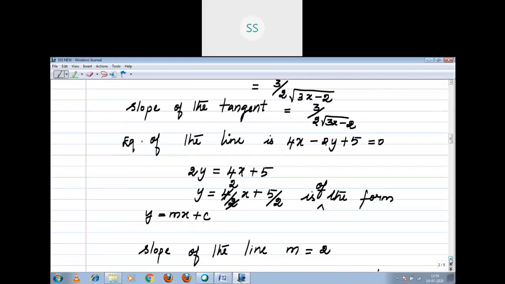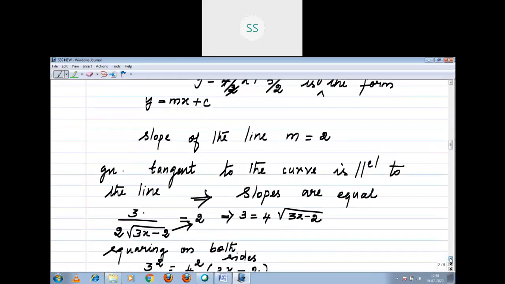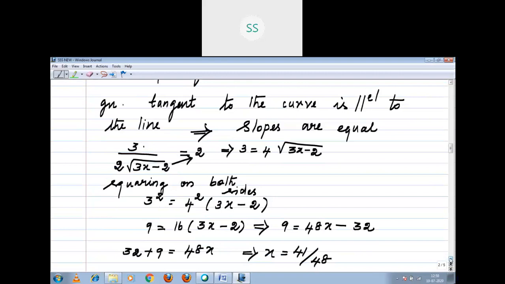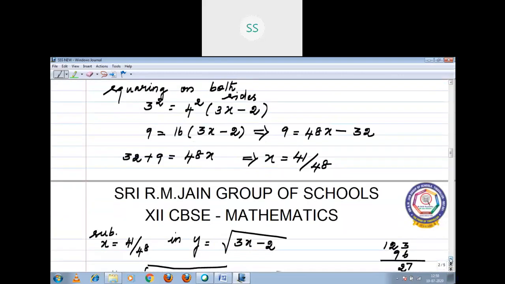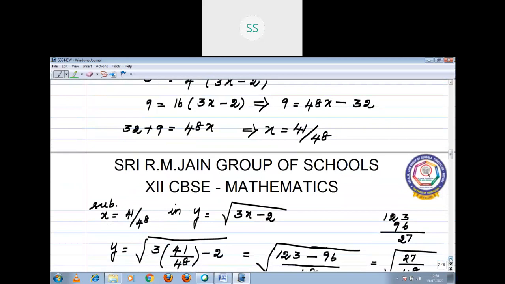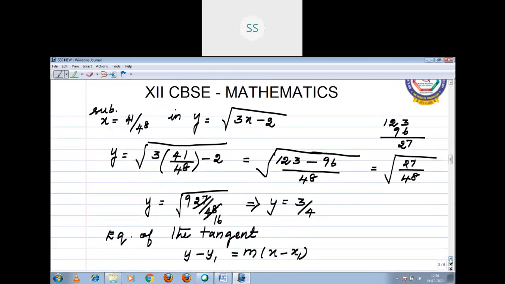In the question it is given as parallel, so you equate the slope of the tangent to the curve with the slope of the line. Slopes are equal, so you equate. You arrived at x value as 41 by 48. That you substitute in the curve equation. You arrived at y is equal to 3 by 4.